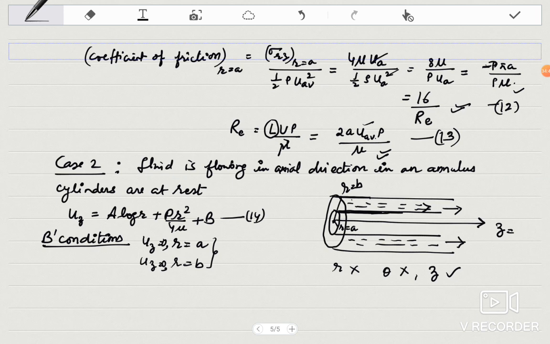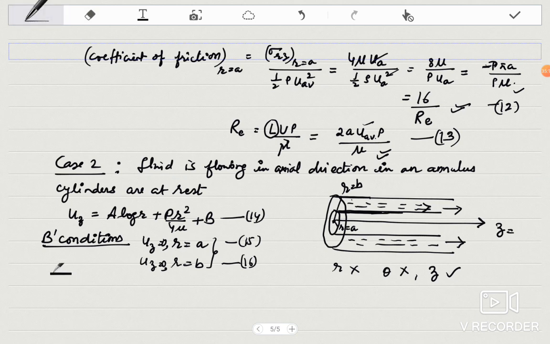In this case we will use the two boundary conditions 15 and 16 and get the values of constants A and B. It will be A log r plus, this will be log a, because you will put the value of r is equal to a.